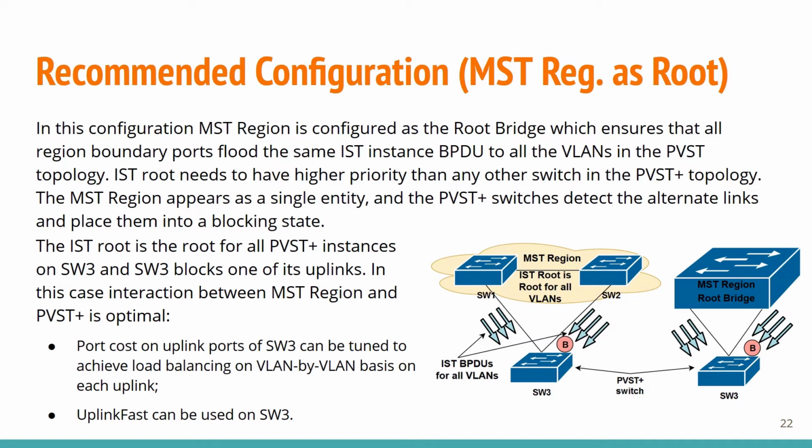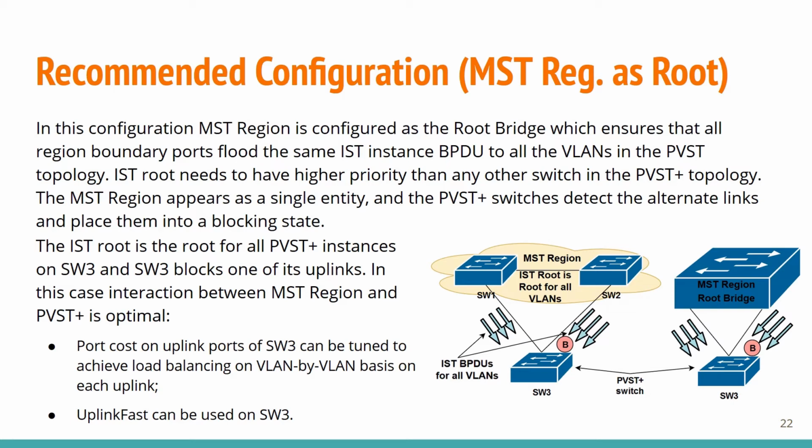The IST root needs to have higher priority than any other switch in the PVST plus topology. The MST region appears as a single entity, and the PVST plus switches detect the alternate links and place them into blocking state. The IST root is the root for all PVST plus instances on SW3, and SW3 blocks one of its uplinks.